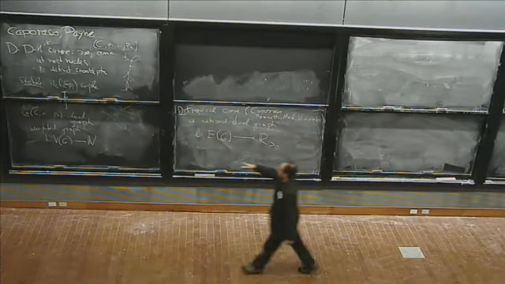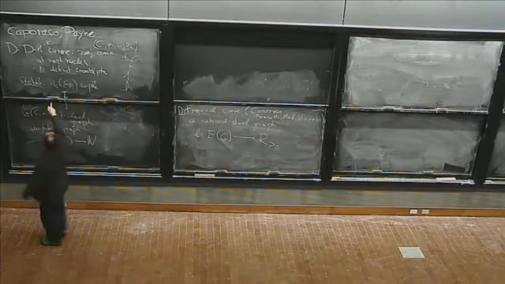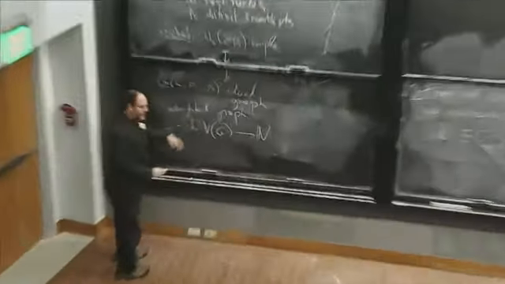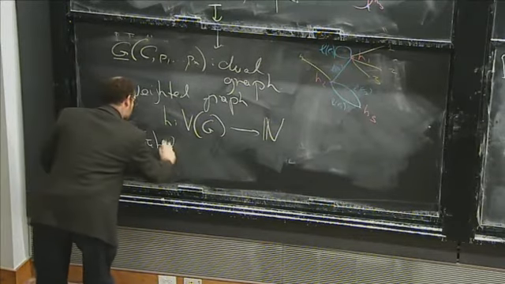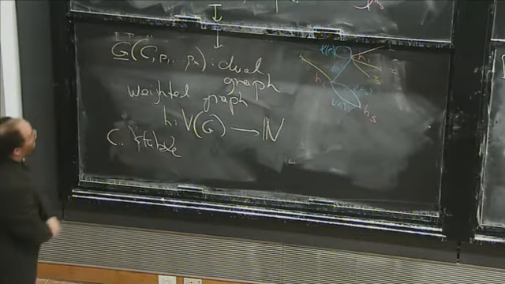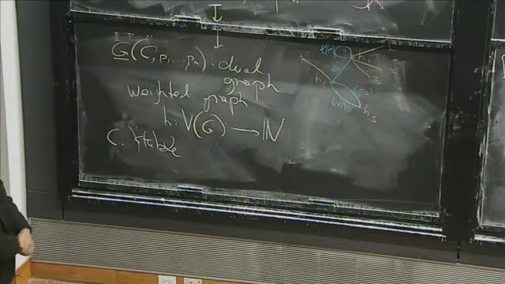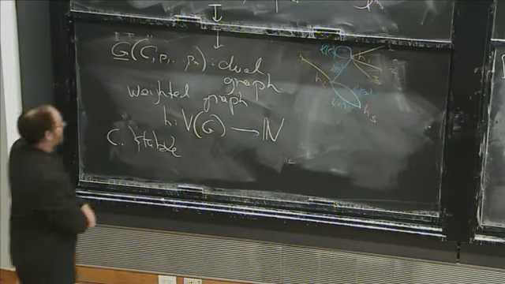Let me point out here that whether the curve is stable can be read off from this data, from the graph. So I'll suppress the points.